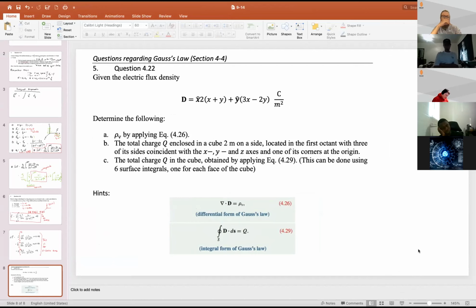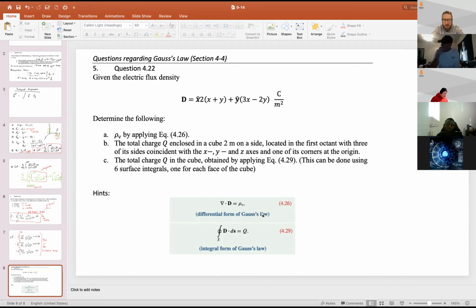You're given an electric flux density and you want to find these different things. You want to find the total volumetric charge density, and then you want to find the total charge enclosed in the cube using two different methods.